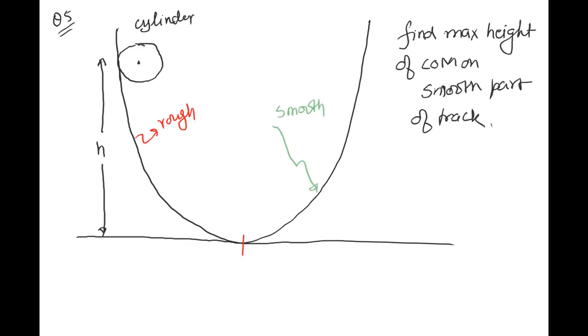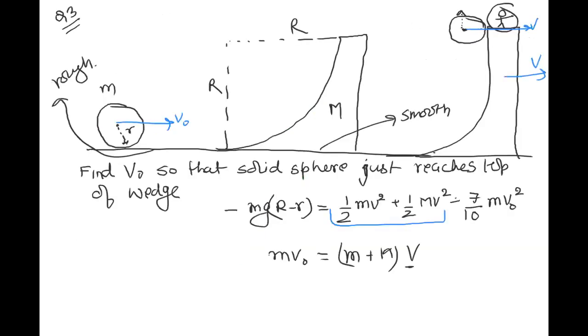Please take a screenshot of this question. I'll go back to the previous question. So as this object starts to climb the wedge, we know that friction will be like this, up the incline.